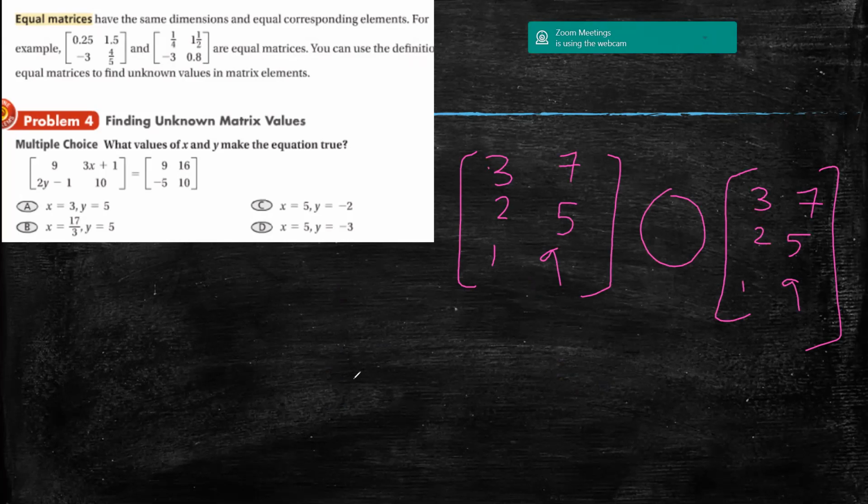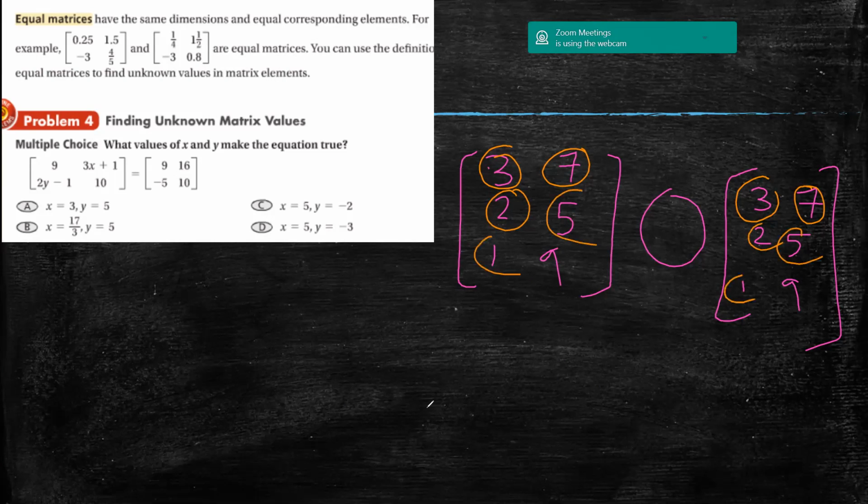You will look now at each corresponding element, if they are equal or not. The first one with this one, 2 with 2, 5 with 5, 1 with 1, 9 with 9. Since now all the elements are equal, I can say that these two matrices are equal matrices.